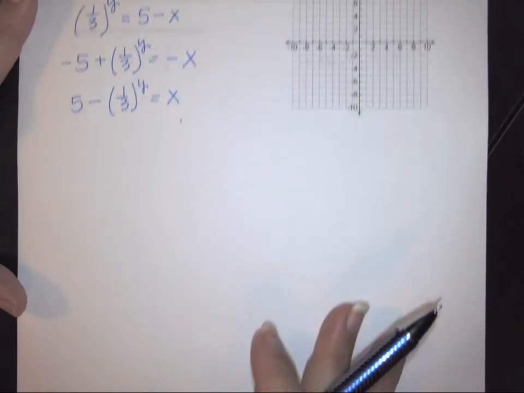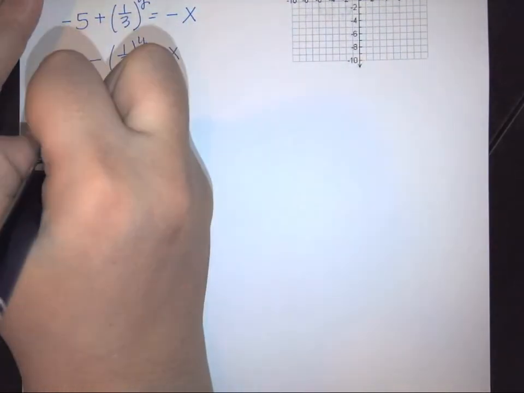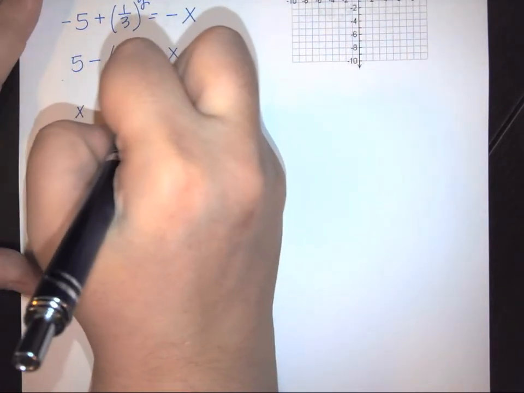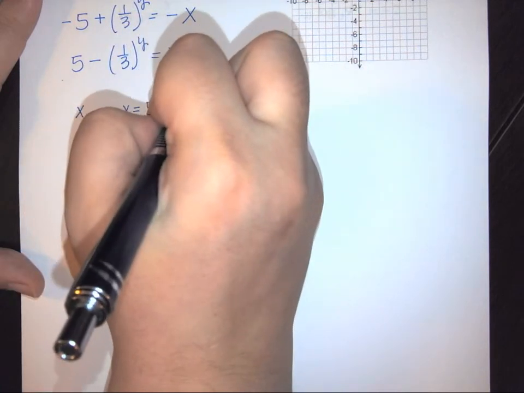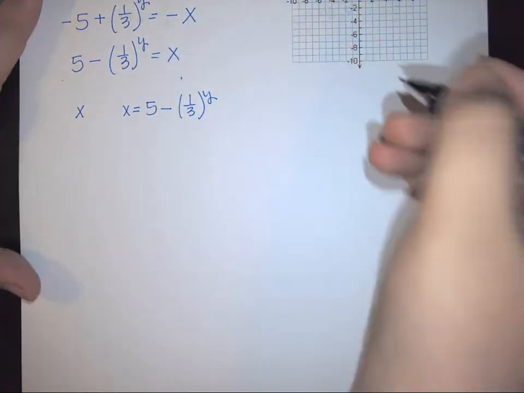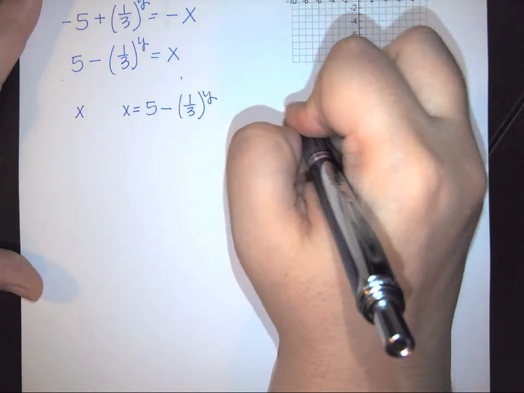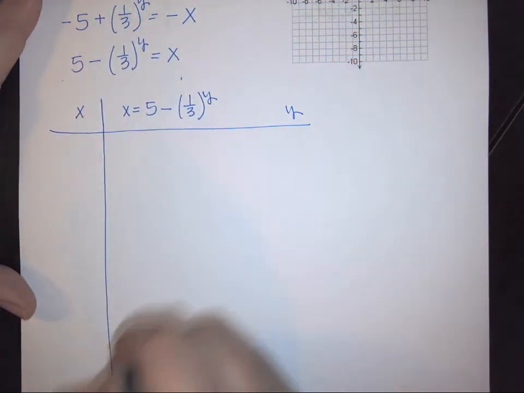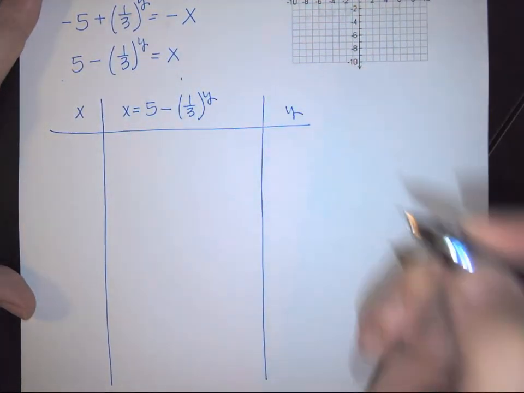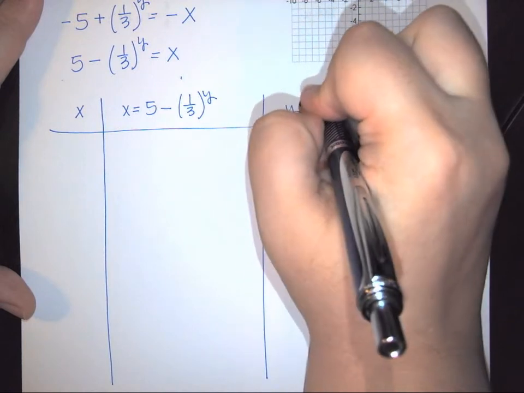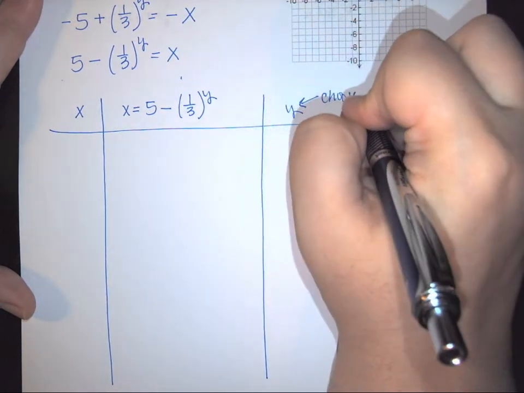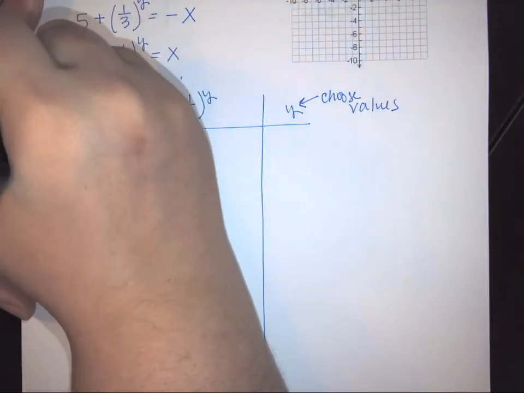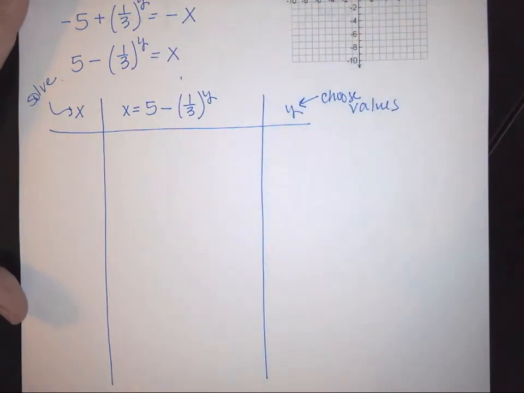And so here, this is the equation that I have to work with. And so again, you can set up your tables. So we have my x, we've got our equation that x is 5 minus that 1/3 to the y, and then we have our y values. Again, remember my y value here, we are choosing the values so that with my x we can solve for these values.